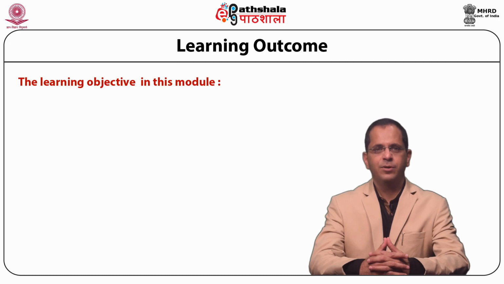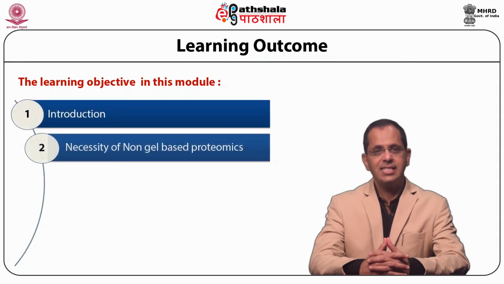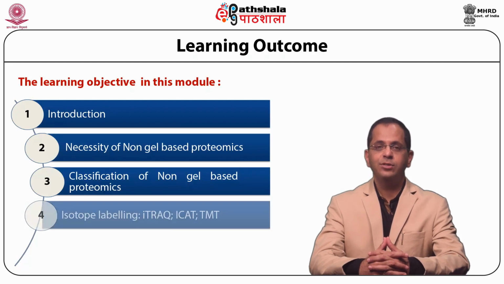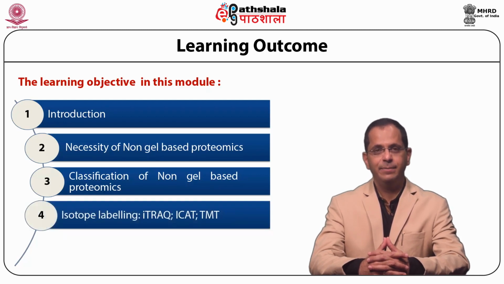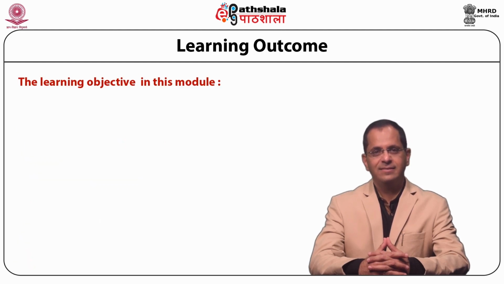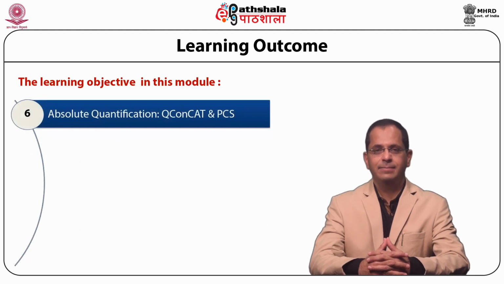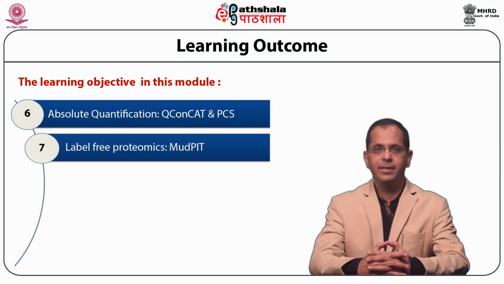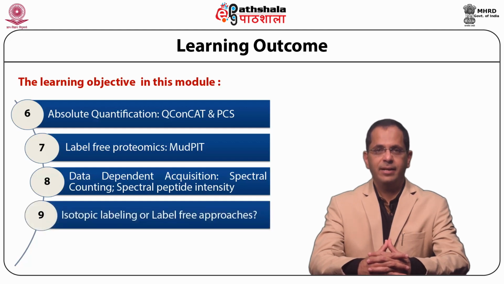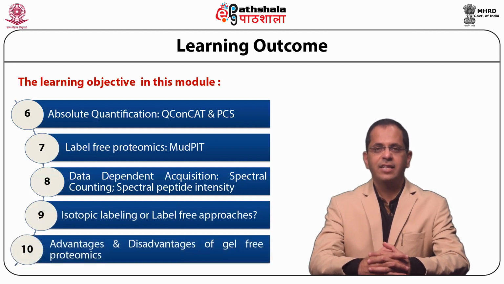The learning objectives in this module would be: Introduction, Necessity of non-gel based proteomics, Classification of non-gel based proteomics, Isotope labeling using iTRAQ, ICAT and TMT, metabolic labeling that includes SILAC, nitrogen-15 labeling, proteolytic oxygen-18 labeling, absolute quantification, QConCAT and PCPS, label-free proteomics that is MudPIT, data dependent acquisition that includes spectral counting and spectral peptide intensity, isotopic labeling or label-free approaches, advantages and disadvantages of gel-free proteomics.